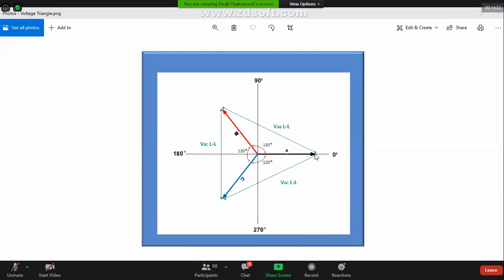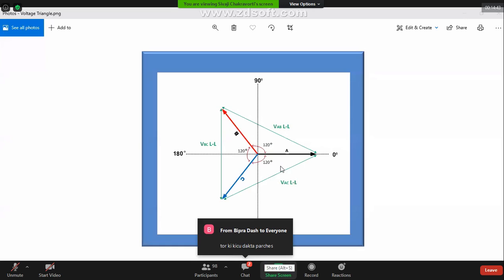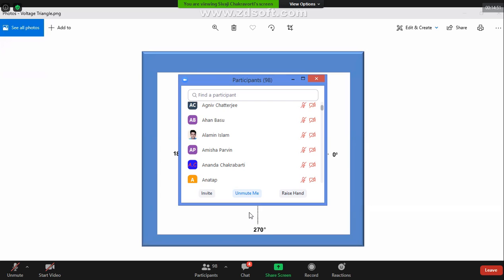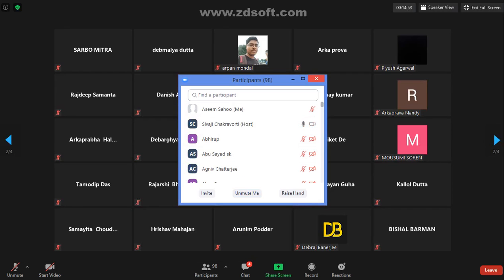It's an equilateral triangle. If it is balanced, then again I repeat, the centroid is the neutral, and from the centroid to any tip of the triangle is the phase voltage. Now this is the balanced system. I will show you what happens if it is unbalanced, but that comes a little bit later.